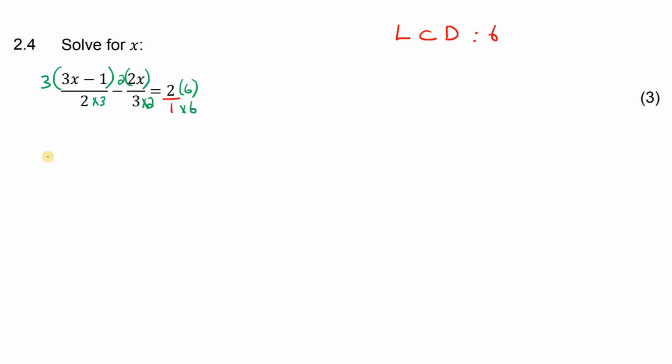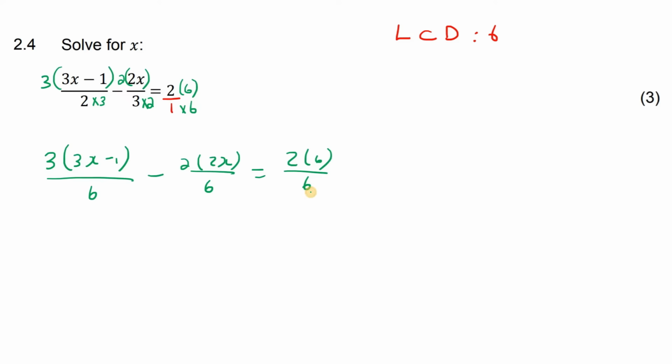Okay, so what we now have is this over 6 minus this over 6 equals this over 6. When we are busy with an equation where we have an equal sign over here, when the denominators are all the same, we can ignore the denominator. So what we actually now have is a simple question that now looks like this.